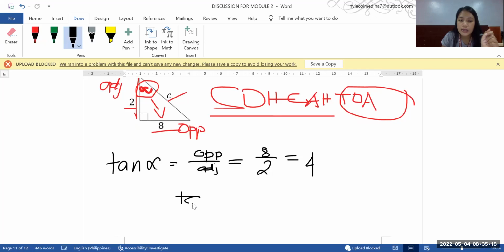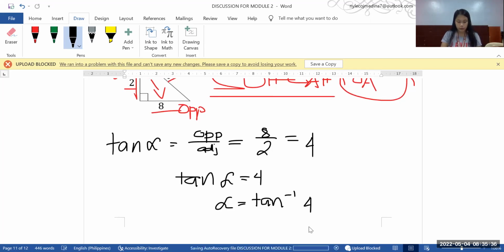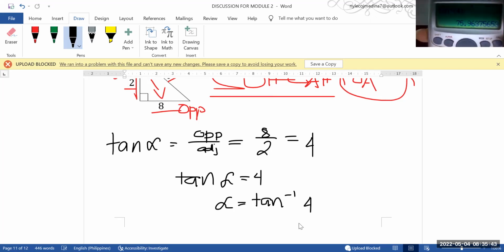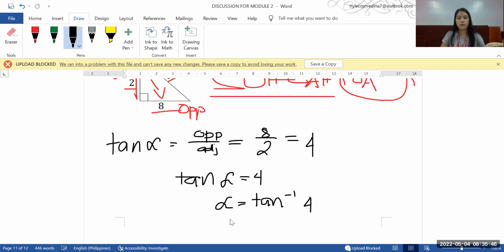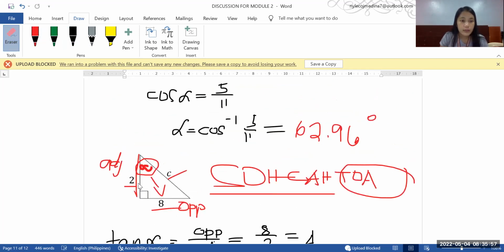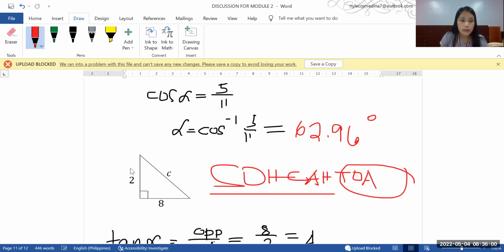To find the value of alpha, instead of tan we use tan inverse of 4. The value that appears is 75.96. Therefore, the angle here is equal to 75.96 degrees.